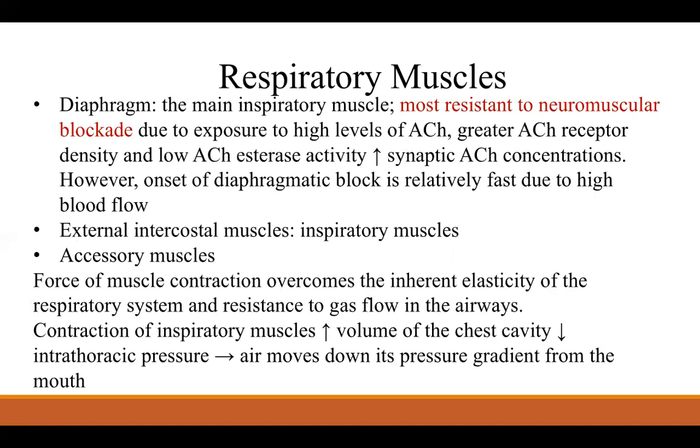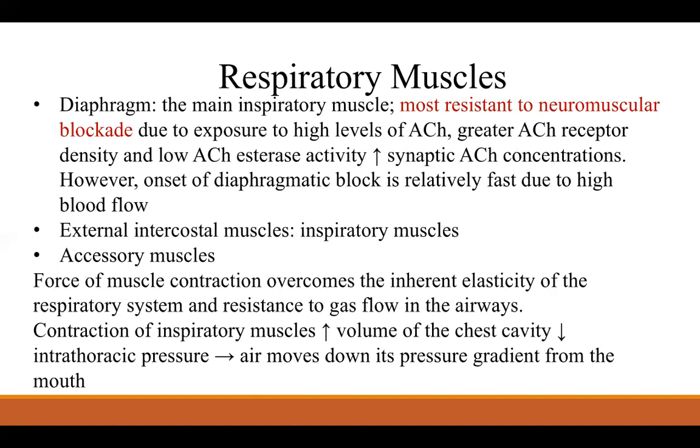The size of the airway, like bronchoconstriction, could be one thing. A narrow airway would require more force to bring about inspiration. And then we are also talking about resistance due to surface tension within the alveoli.